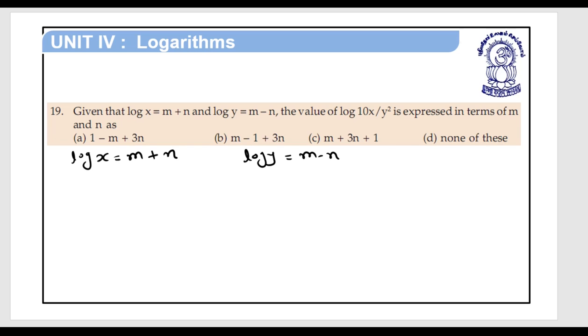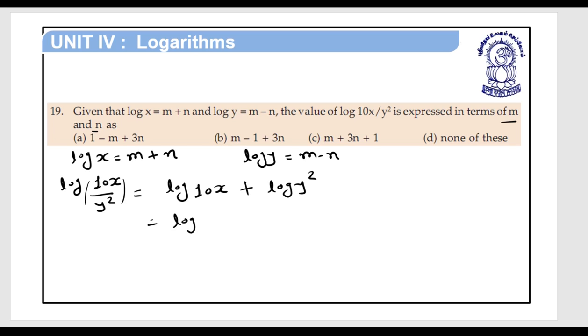The value of log 10x upon y square expressed in terms of m and n. Here, find out the value of log 10x upon y square. So we can write log 10x plus log y square.